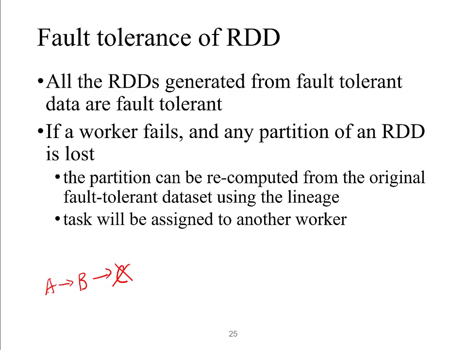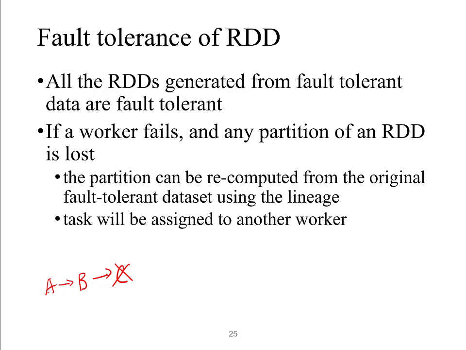So the cluster manager will find out the node has failed and tries to assign another, new node to continue the processing. The new node will be told to operate on the particular partition of the RDD, and it will also be told of the series of operations A to B to C here.